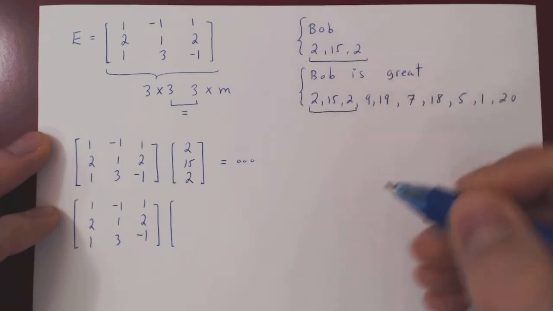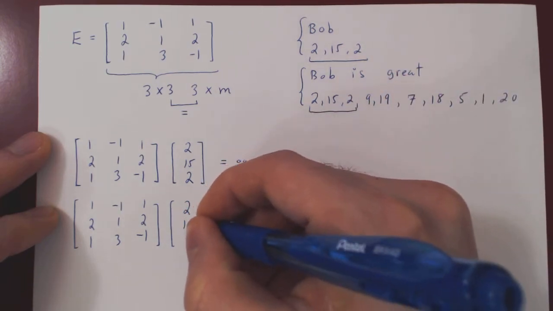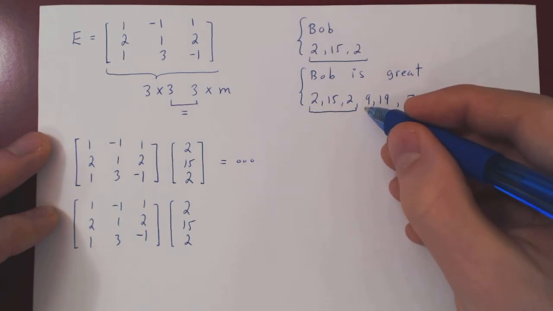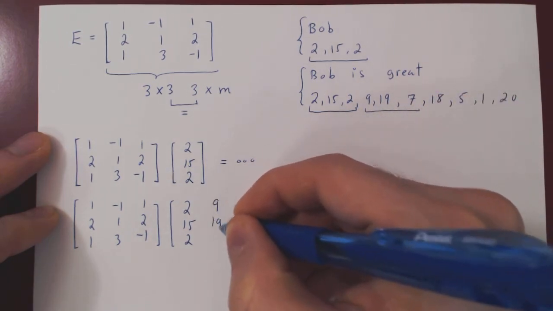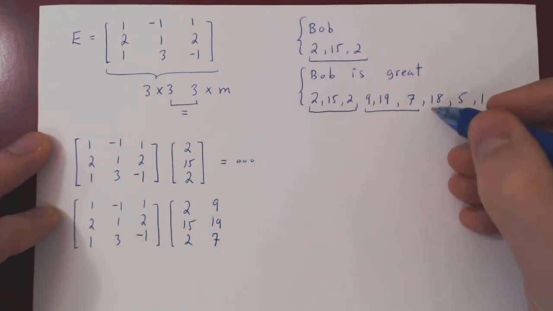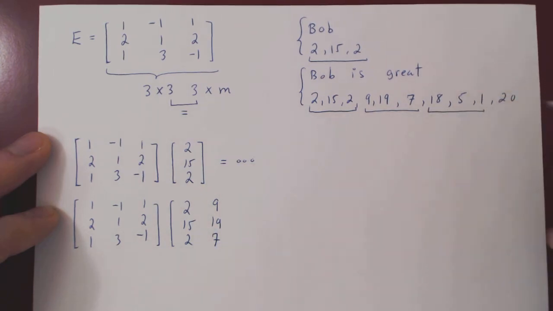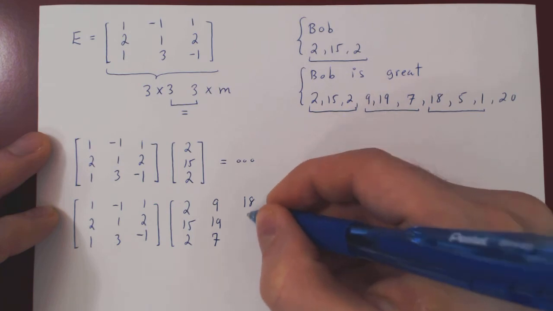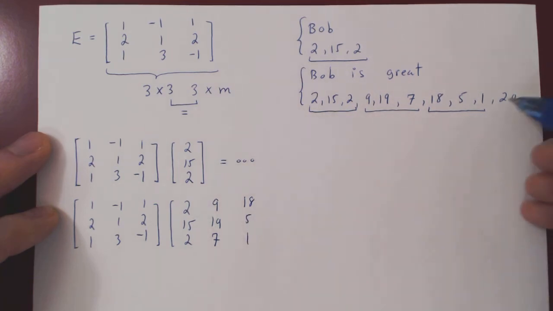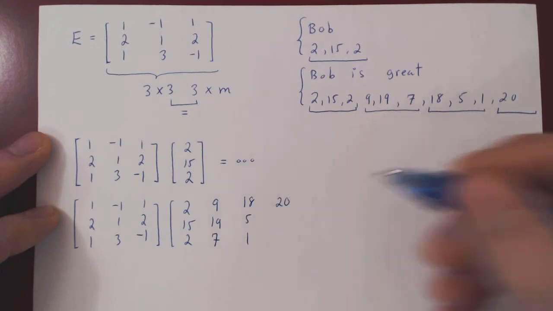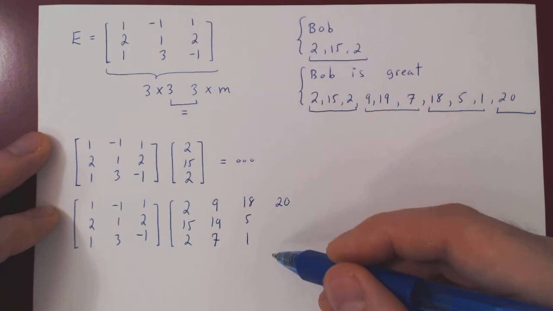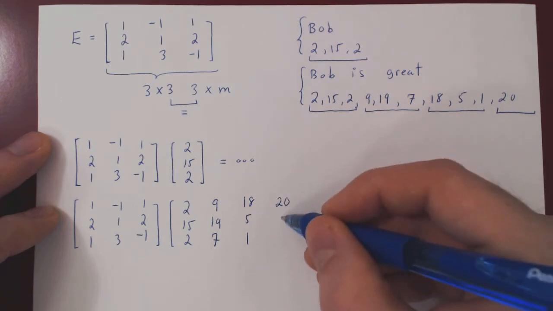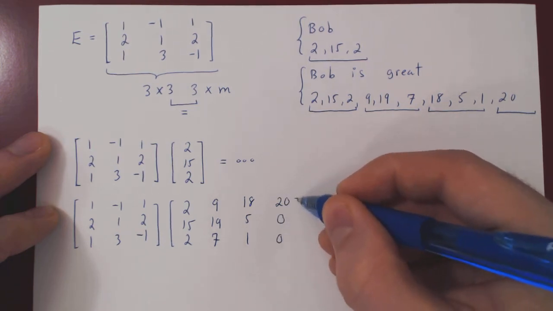So the first column, 2, 15, 2. Second column, 9, 19, 7. Third column, 18, 5, 1. Fourth column, and now we only have 20 left over. But as we've agreed, if we ever at the end have a column where we're missing entries, we'll complete the column using quite simply zeros.